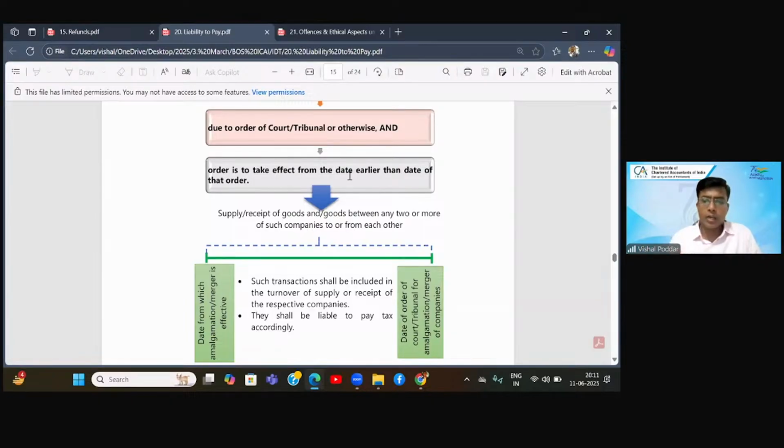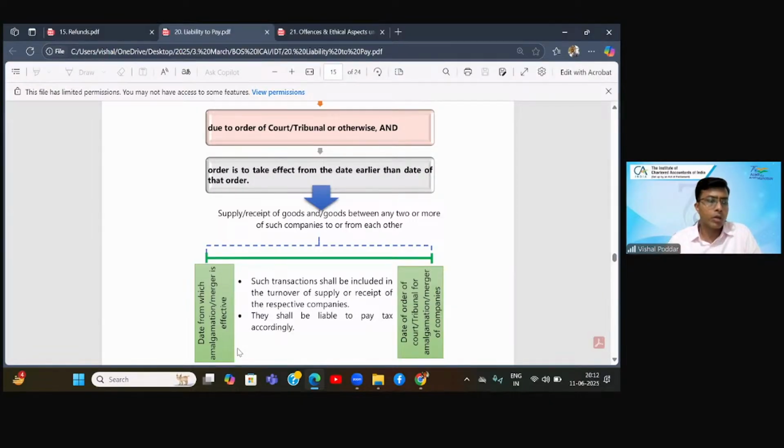So let us say the order has come today, that is 11th of June. But the order, this will happen in case of court, that they say that this amalgamation demerger, we are going to apply from 1st of April. Now this generally happens where we both have agreed to do this amalgamation demerger, but the procedure took time. So eventually the amalgamation got concluded today.